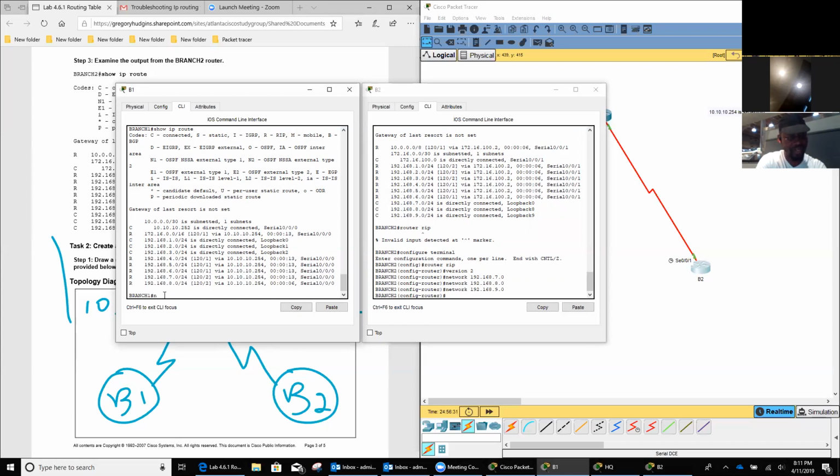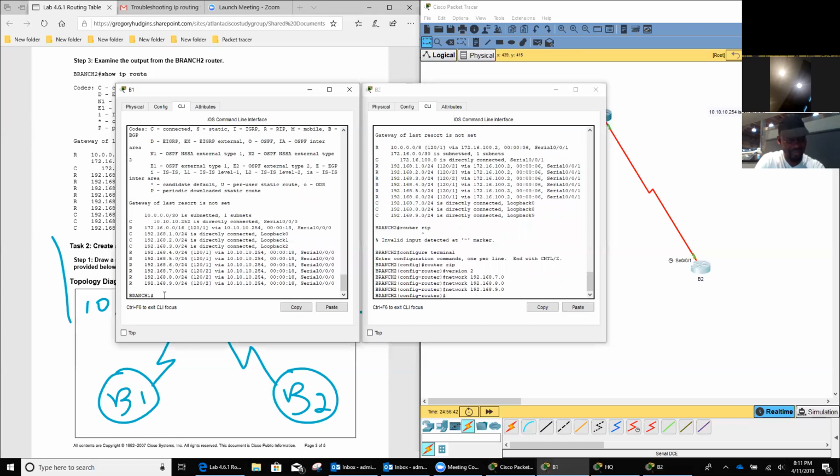This way you have to figure it out in reverse. But at least you'll learn that directly connected stuff. Oh, yeah, for sure. And these are the tools you use when you troubleshoot a network to figure out when routing isn't working.